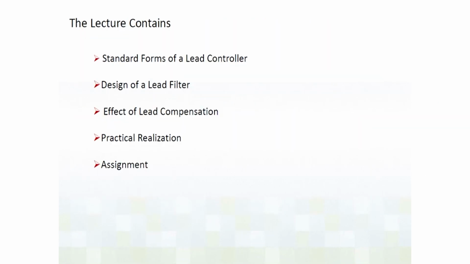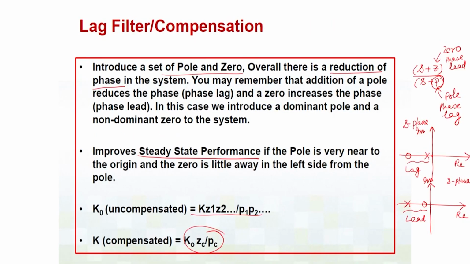So, let us go to the lag controller part, because the steady state performance improvement that we can gain from the lag compensator system is something for which you have to provide a kind of a unit step input to the system.